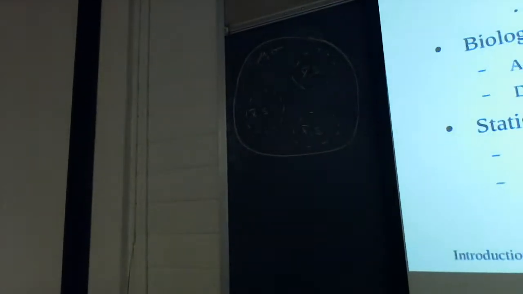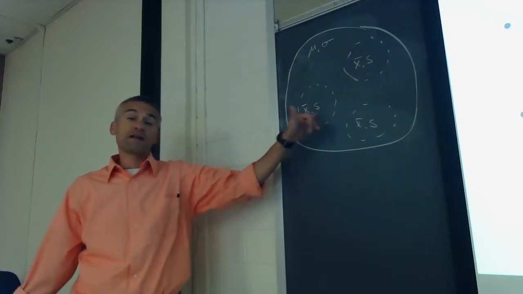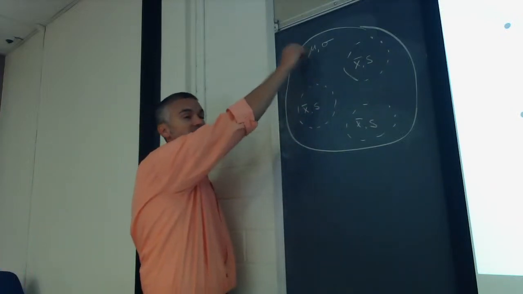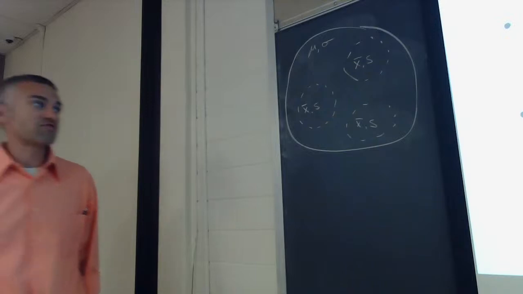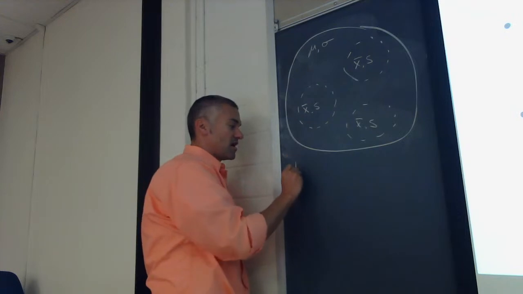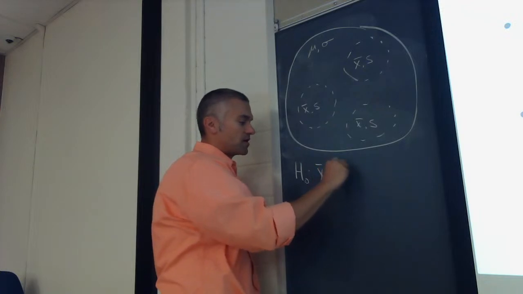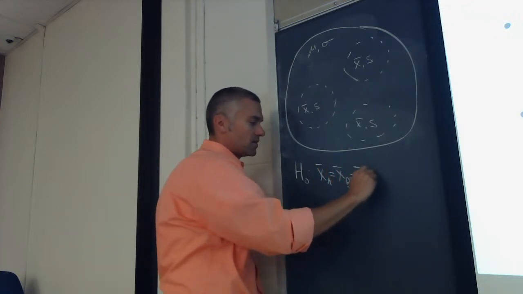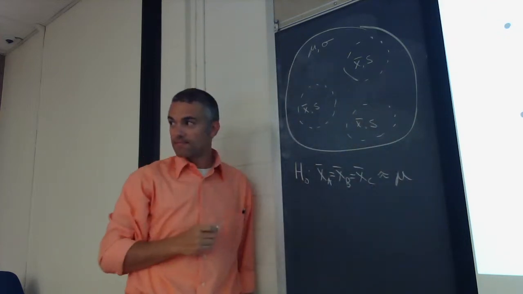Now, as we said, if we have a true random sample, then these approximate our population group. So our approach to this test is to assume that each of our groups just represents a random sample from the population. And if that is true, then our groups are going to be equal to each other, and those would approximate our population level mean.